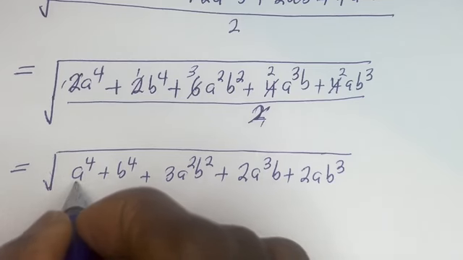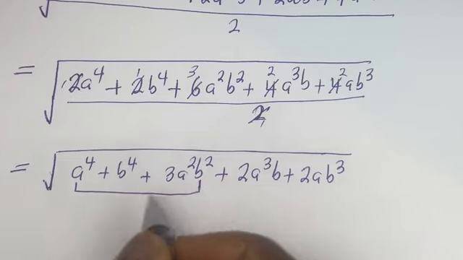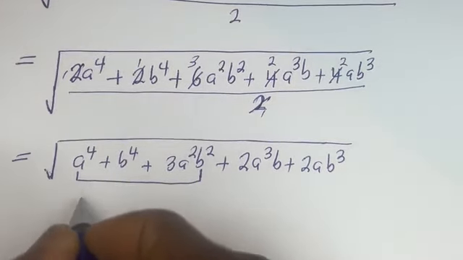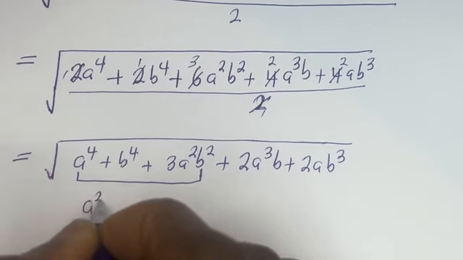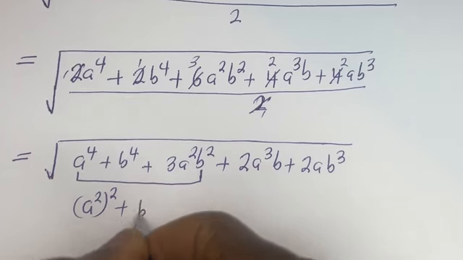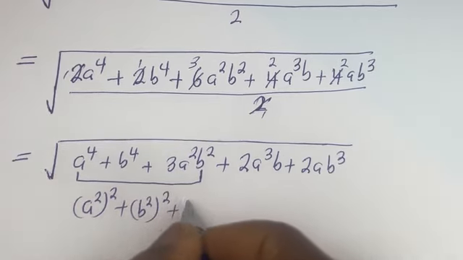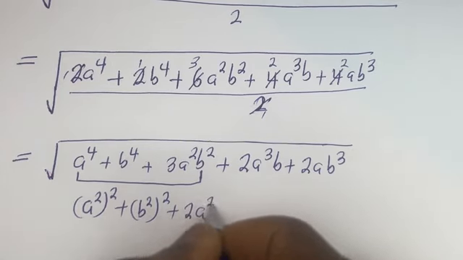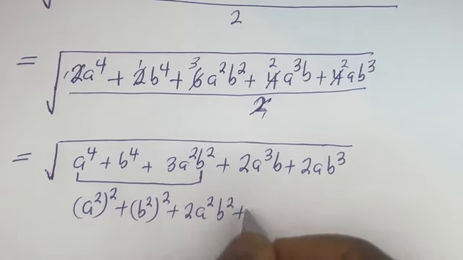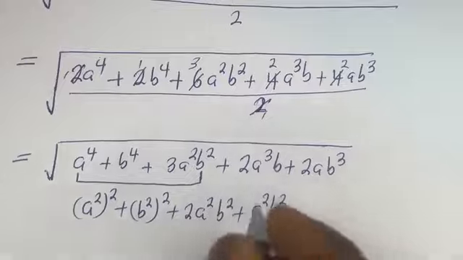Now from here to here, this is A square plus B square plus 2A square B square plus A square B square.